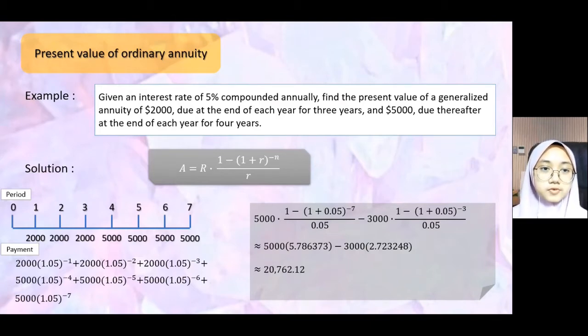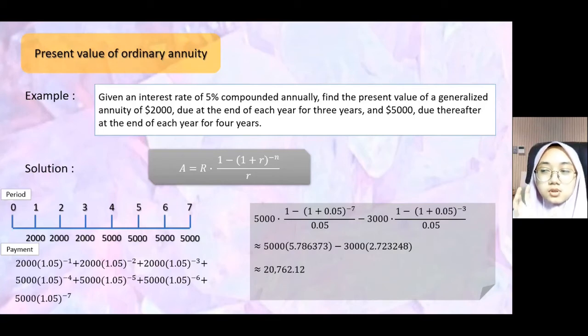Firstly, present value of ordinary annuity. The question says, given an interest rate of 5% compounded annually, find the present value of a generalized annuity of $2,000 due at the end of each year for 3 years.